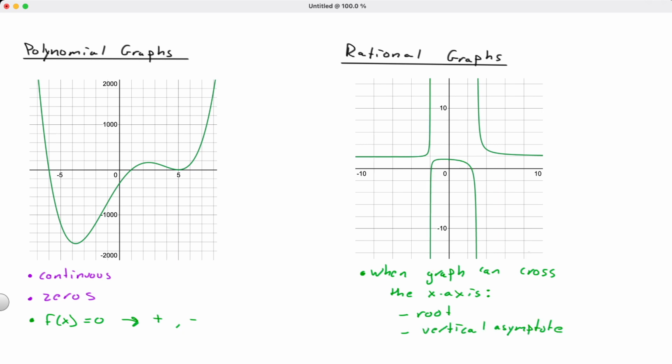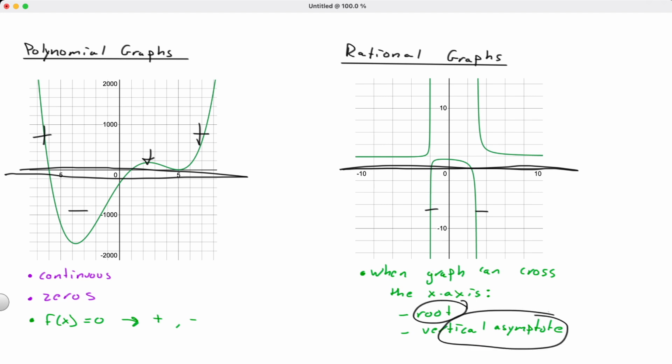In both of these cases, what this comes down to is framing this in a way that we can make a comparison to the x-axis and ask, when is our function sitting above it? In other words, when is it positive? And when is our function sitting below it? In other words, when is it negative? Utilizing, in the case of polynomials, those zeros, those roots, or in the case of rationals, the roots and the vertical asymptotes, we'll be able to decide when it's either above the axis or below, since it can only cross in those specific situations.